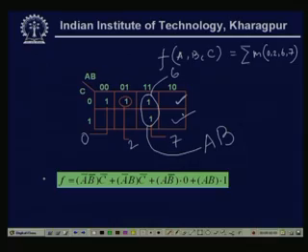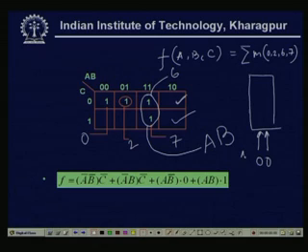So, if AB are the control inputs, then it will be either 0 0, 0 1, 1 0, 1 1. So these are my values, which represent the columns.